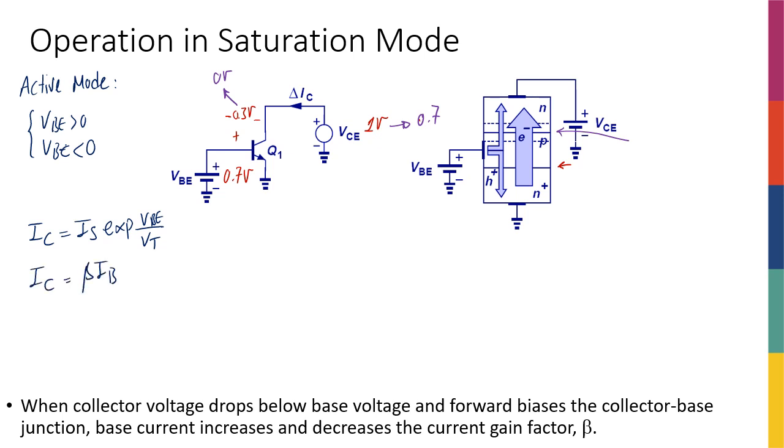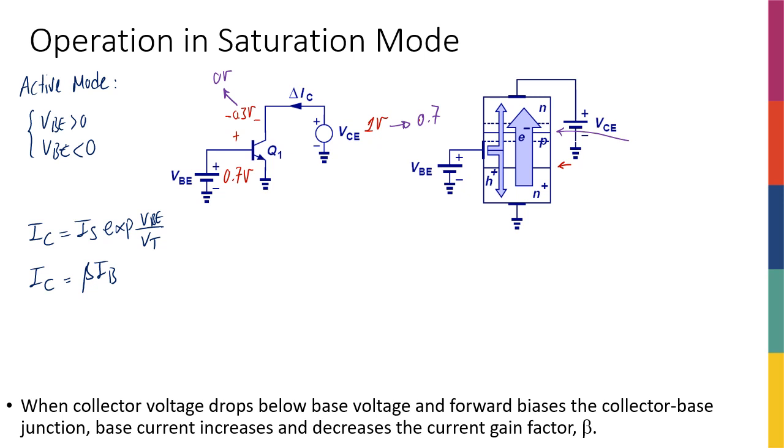The holes coming from the base terminal and going to the emitter are, let's say, 1% of the electrons going from the emitter to the base and to the collector. So the base current is like 1% of the collector current, and we still have a nice large beta.